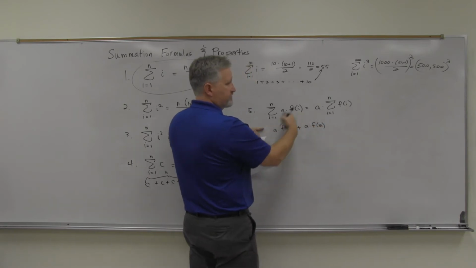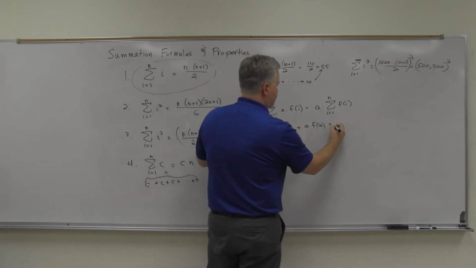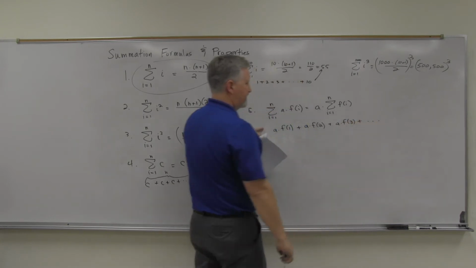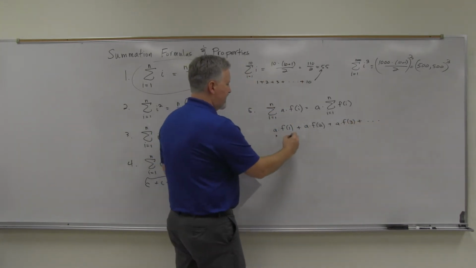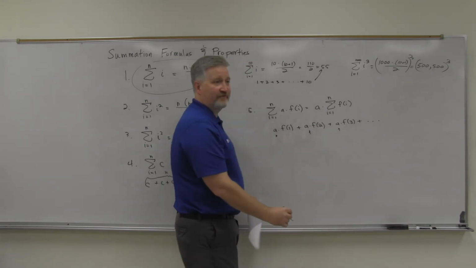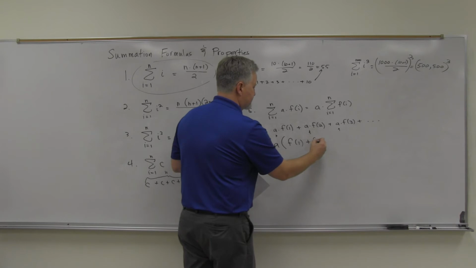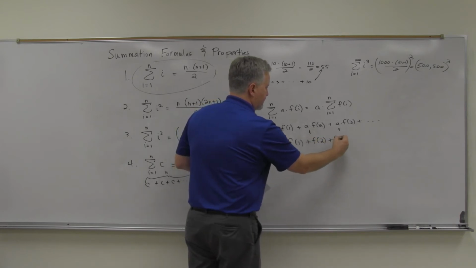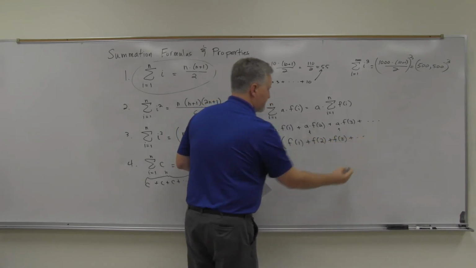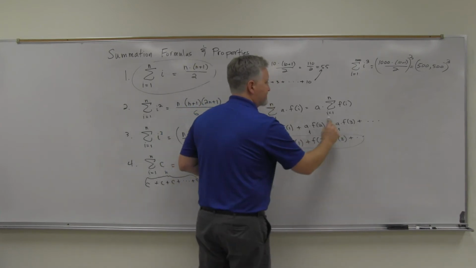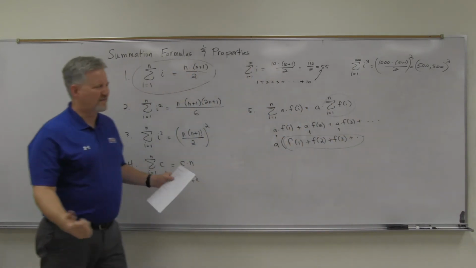Because I'm just plugging in subsequent i's there. And then the third will be a times f of 3, all the way until you get to the nth one. Well, isn't that a a factor on all those? So really I'm just factoring off the a for this formula, that's all I'm doing. I can factor off the a, and this is the summation of the f of i's, that's all it's saying.